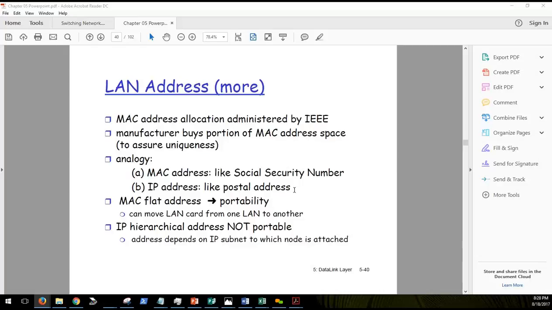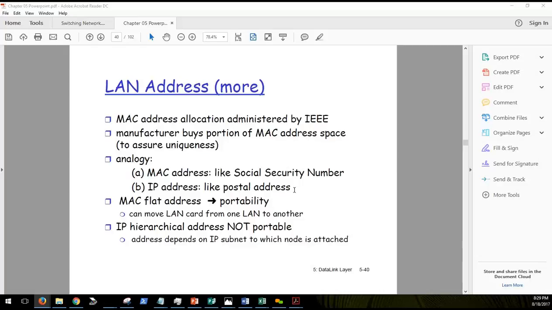What is another name for a LAN card? What do they mean by a LAN card?